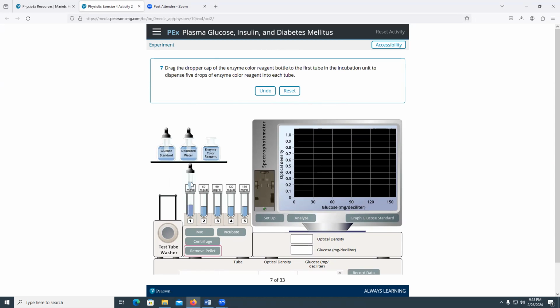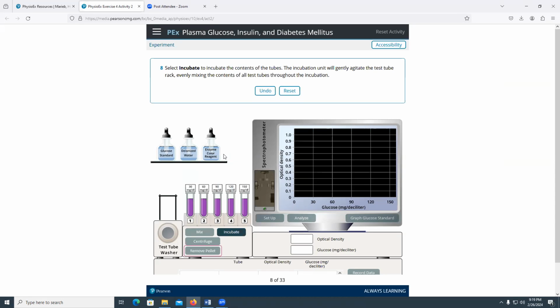So now we will have the colorimetric enzyme activity, and the more substance in there, the darker the color. The more concentration of glucose, the darker the color of the solution.